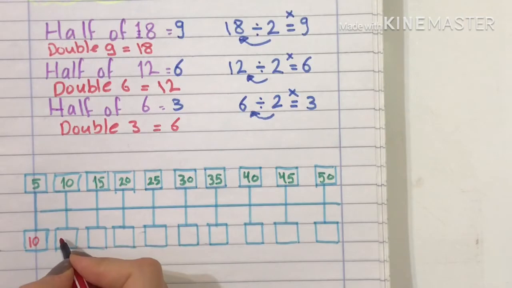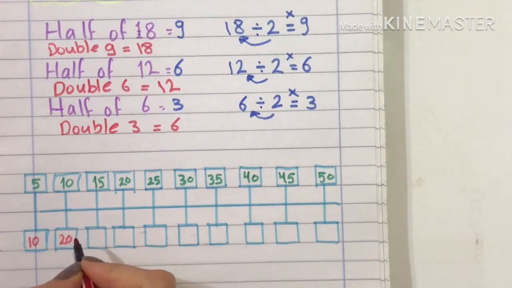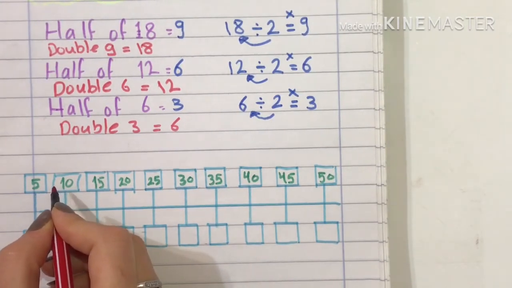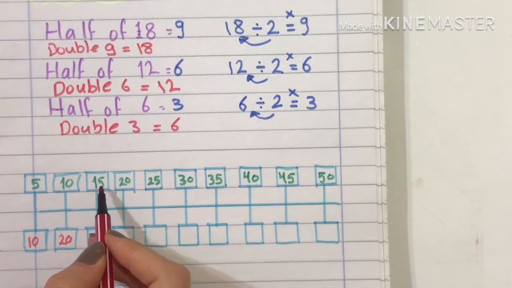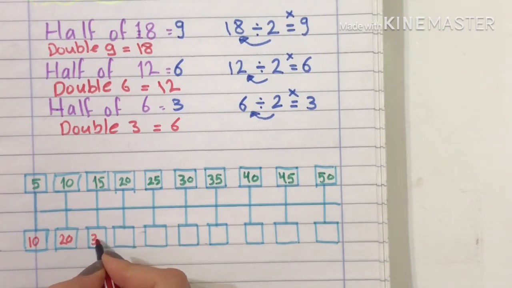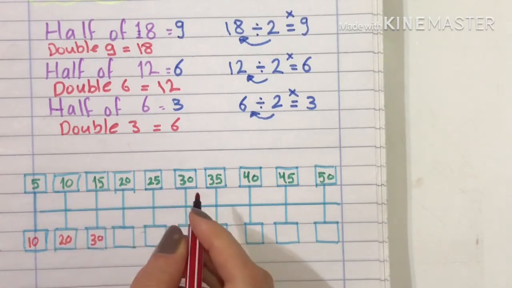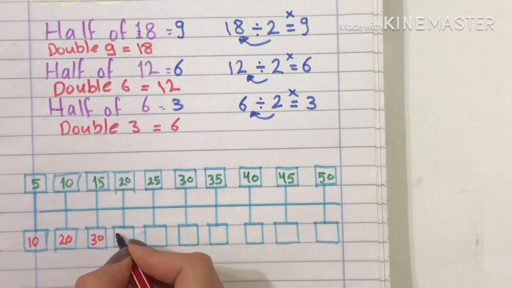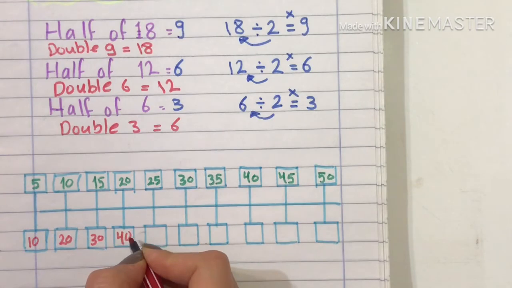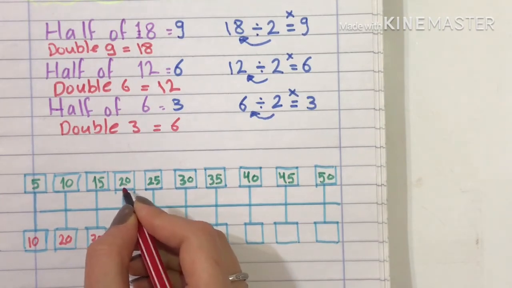Double 10 is 20, so half 20 is 10. Double 15, 30. Half 30, 15. Double 20 is 40, and half 40 is 20.